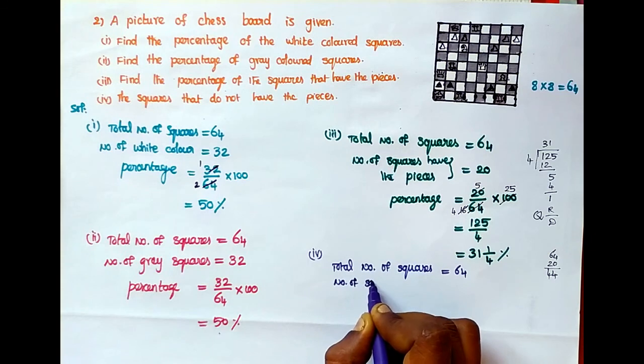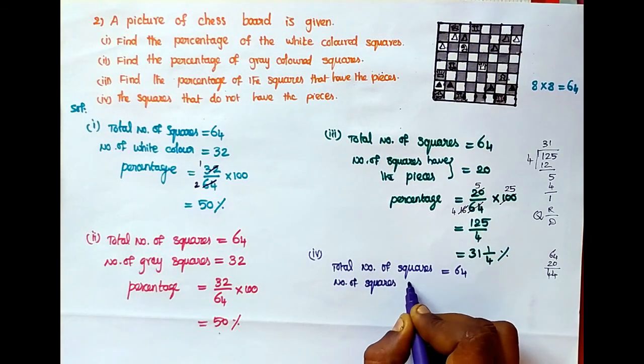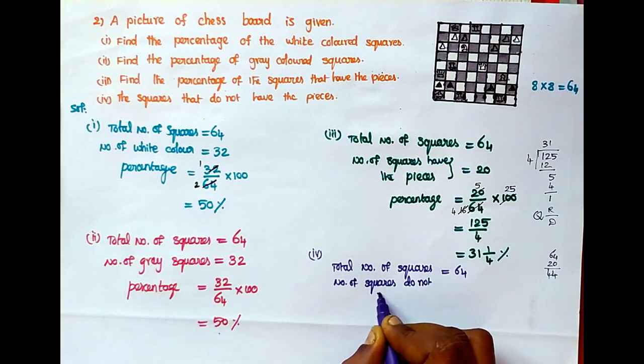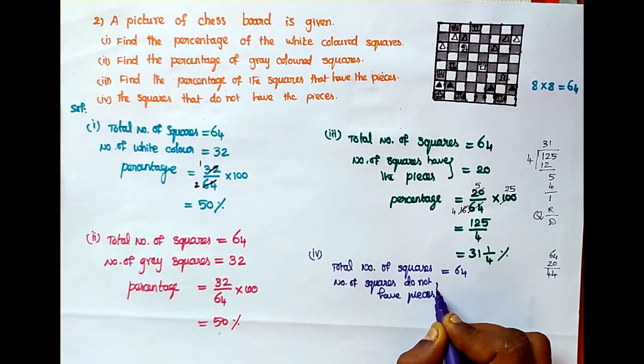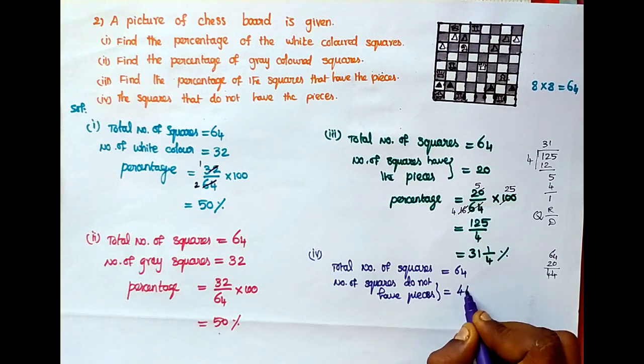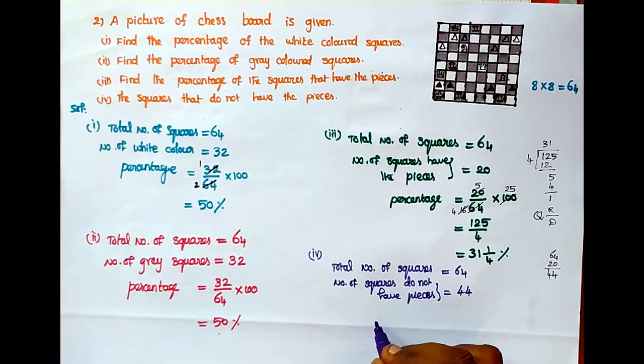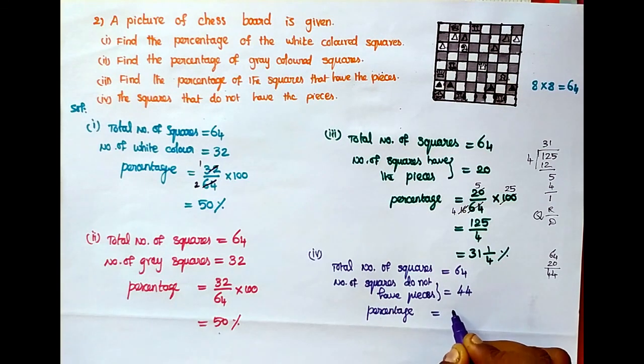Number of squares that do not have pieces, that is equal to 44. Now percentage equals 44 divided by 64 into 100.